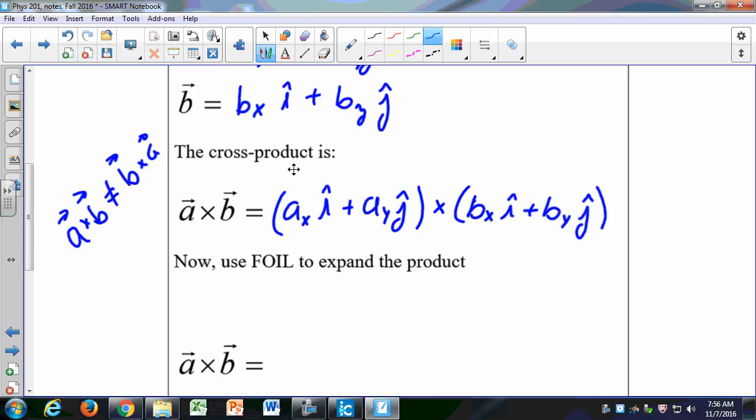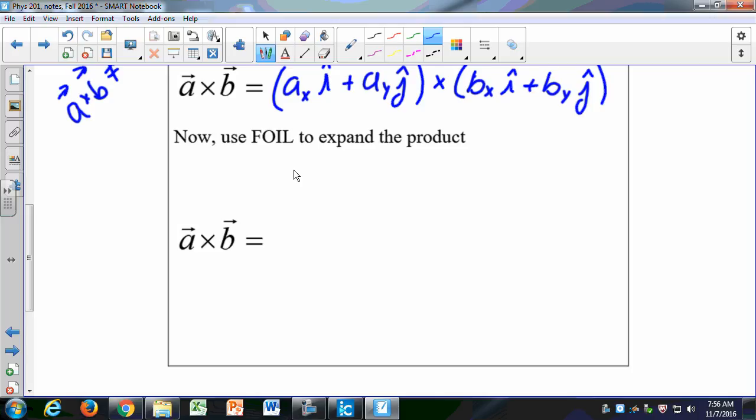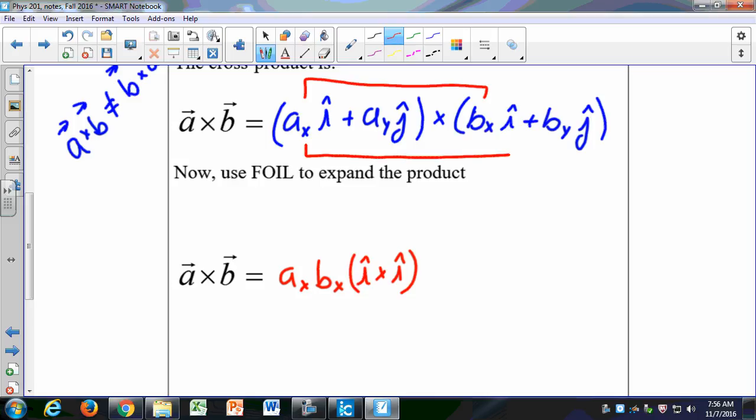Now I can do FOIL to expand this out. It's going to be, well, first, outer, inner, last. So, AX, BX, I cross I. Outer is AX, BY, I cross J. What's inner?